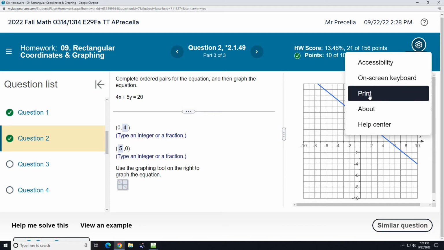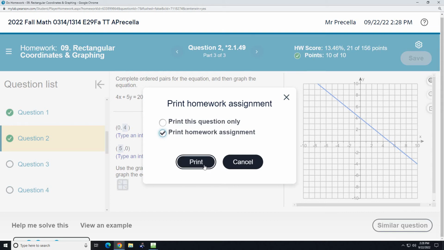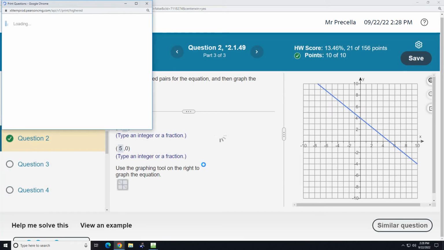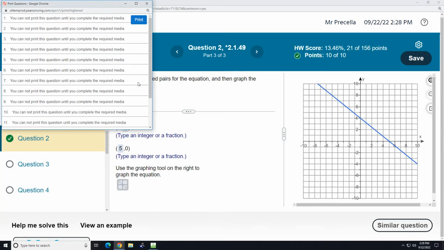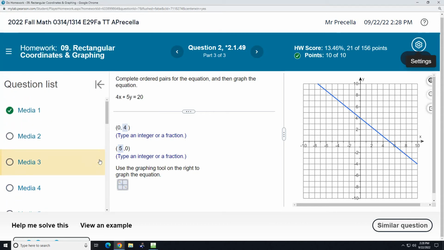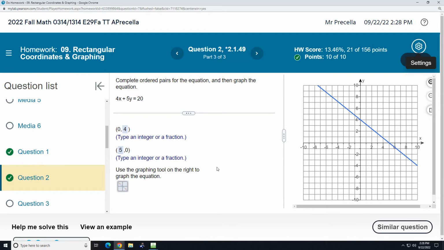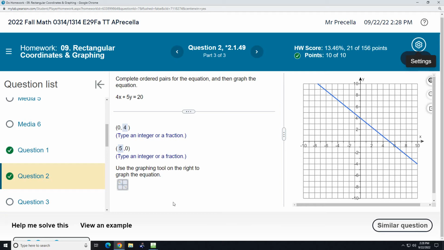If you say print, and this is for all the homework, it gives you the choice to print just this question or the whole assignment.